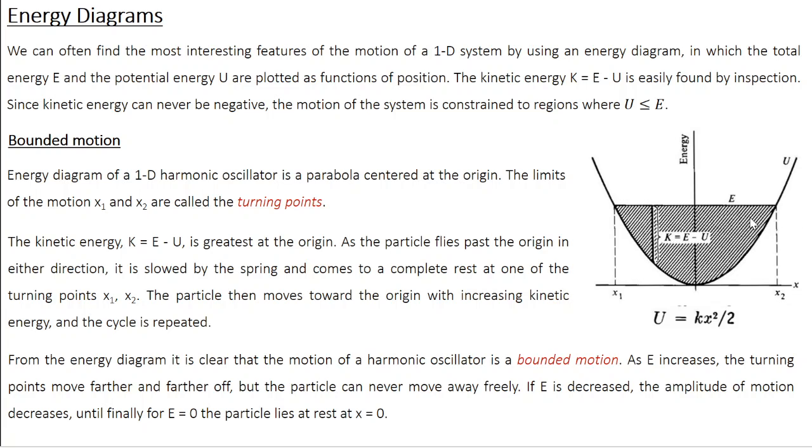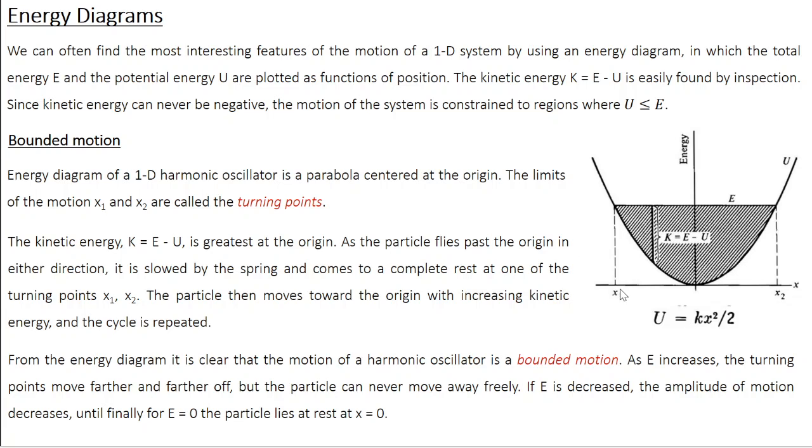So at any point in the motion, you will notice that the sum of kinetic energy and potential energy, the total mechanical energy, is a constant. In other words, total mechanical energy is conserved. This is the implication of motion under a special type of force known as conservative force.